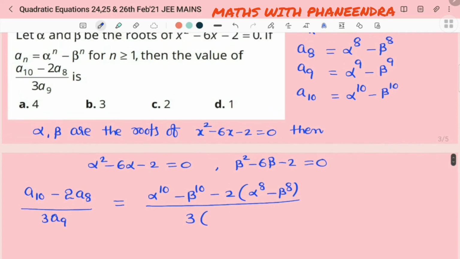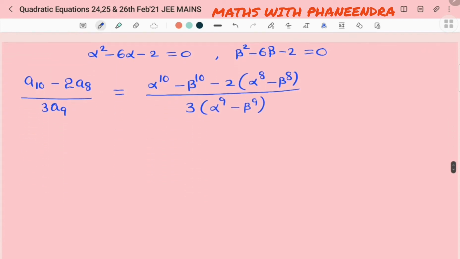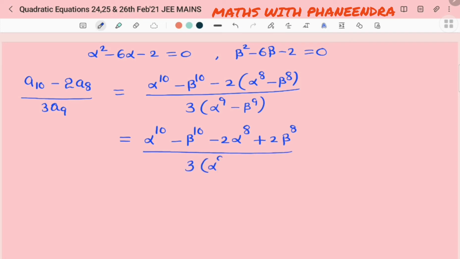Here I already wrote those values. So after that, alpha power 10 minus beta power 10 minus 2 alpha power 8 plus 2 beta power 8, by 3 into alpha power 9 minus beta power 9.